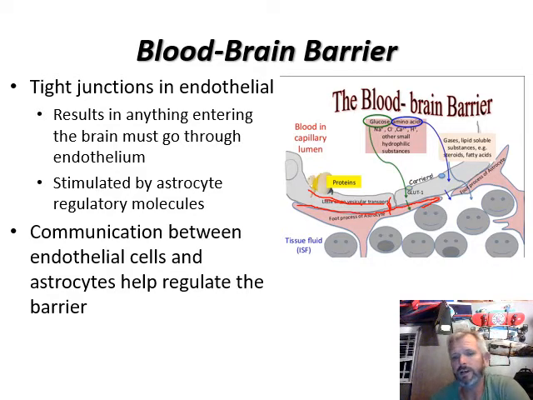If you make a pharmaceutical that can't make its way past the blood-brain barrier, it's pretty much not going to be functional, because you take the pill, it gets into the bloodstream, and if it can't make it through here, it's not going to be able to do its job. So one of the main things in developing psychiatric medicines is making sure they're able to pass the blood-brain barrier.